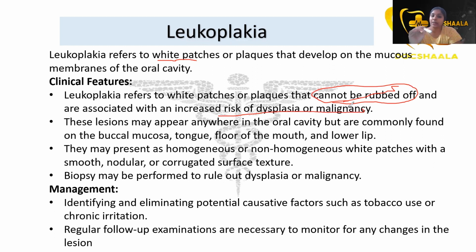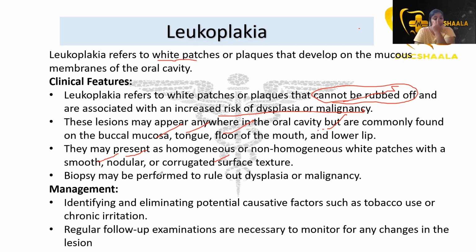These lesions appear anywhere in the oral cavity, but are commonly found in the buccal mucosa, tongue, floor of mouth, and lower lip. They may present as homogeneous or non-homogeneous, or in association with erythroplakia. The white patches may be smooth, nodular, or corrugated.